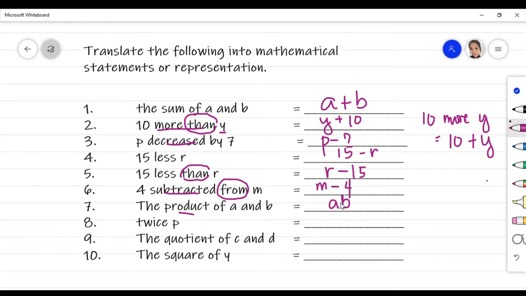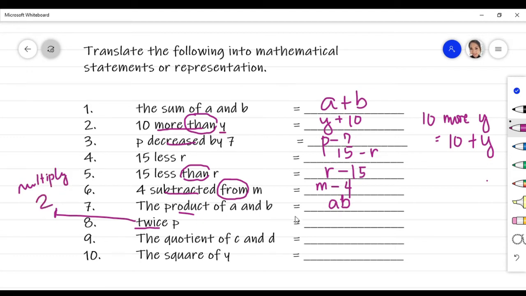We will not write any dot here or parentheses because it's already understood that A and B are being multiplied.